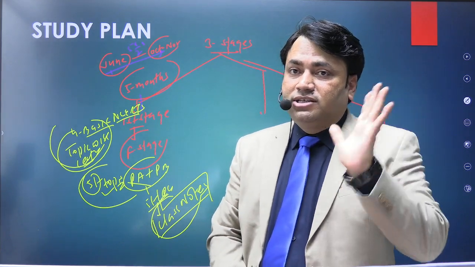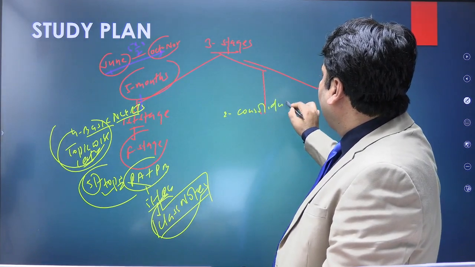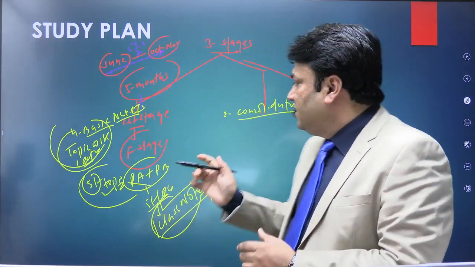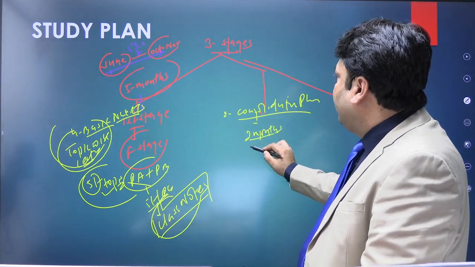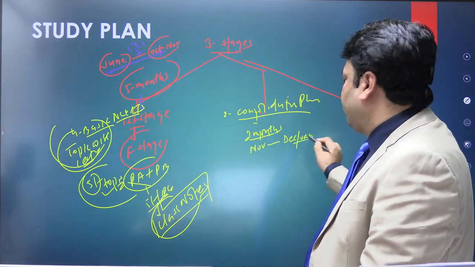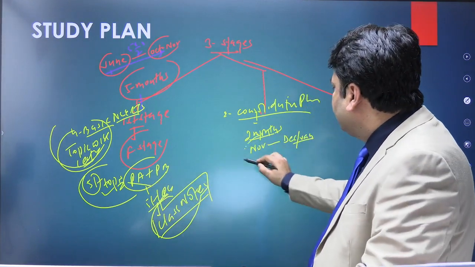Now there is a second stage of preparation, and that is called the consolidation phase. In this consolidation phase, this will take almost 2 months. It means November, December or January, almost 2 months we will take here.